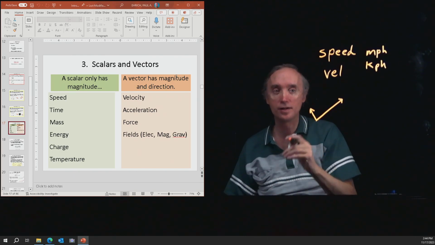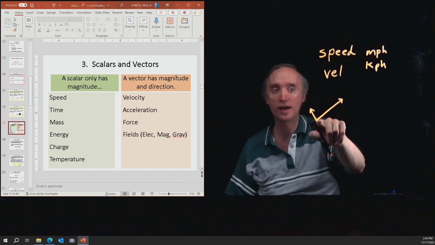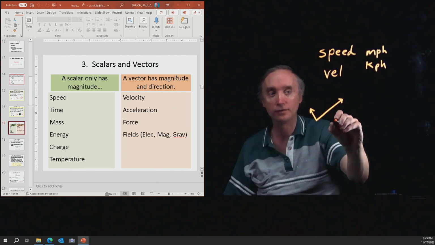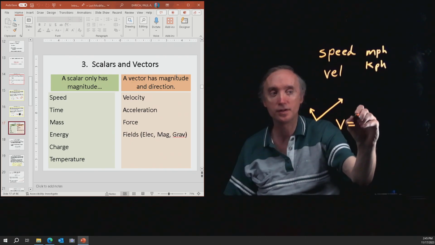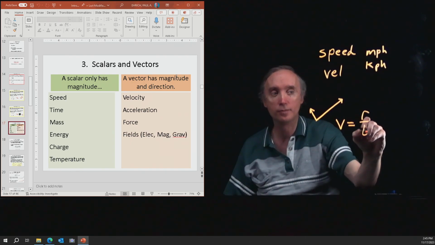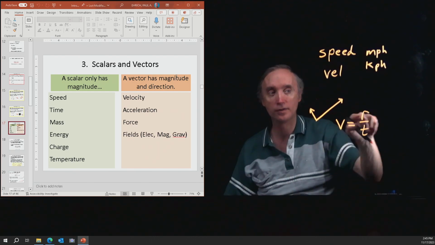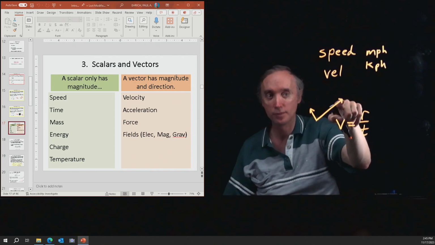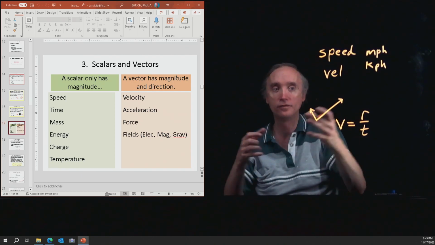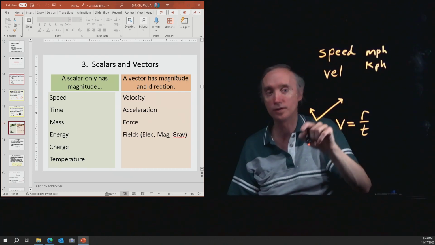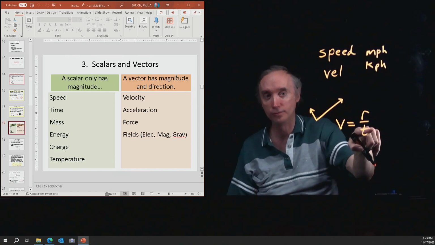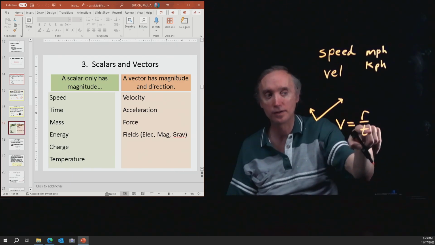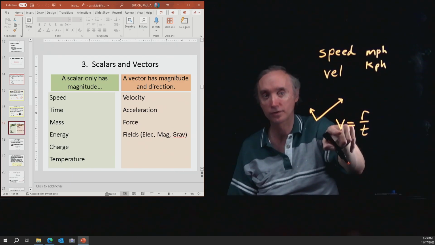Then we had velocity, which is how fast the distance is changing. If velocity v is equal to r divided by t, now the distance r would be a vector, because you say how far it is, and also what direction. T, though, is a scalar, but when you take a vector divided by a scalar, you end up with another vector.